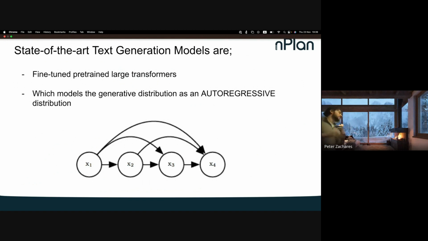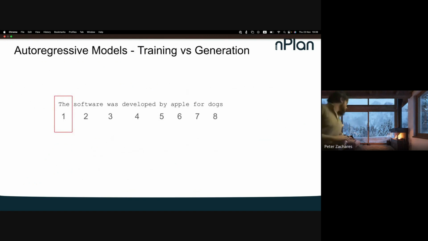It's actually quite a slow process, but it's really good at generating text, and that's why it's so performant. But what it does introduce is a difference at training time versus generation time when you're using an autoregressive model. At training time, your model is going to see all of this sentence, and you're hopefully going to learn to generate all of this sentence.